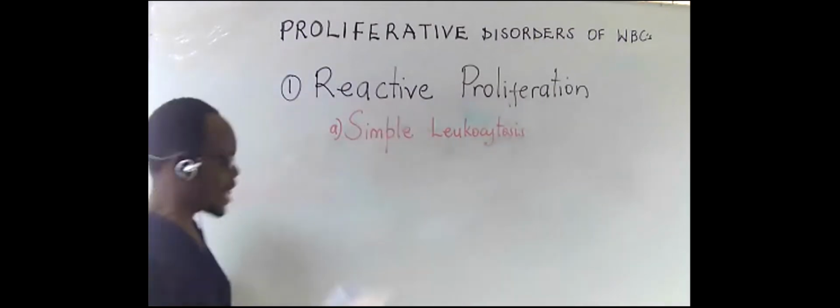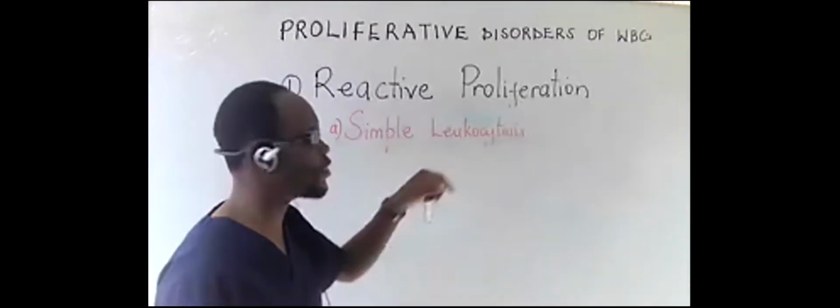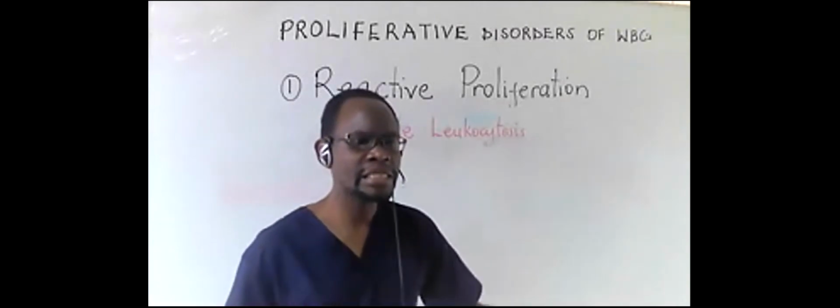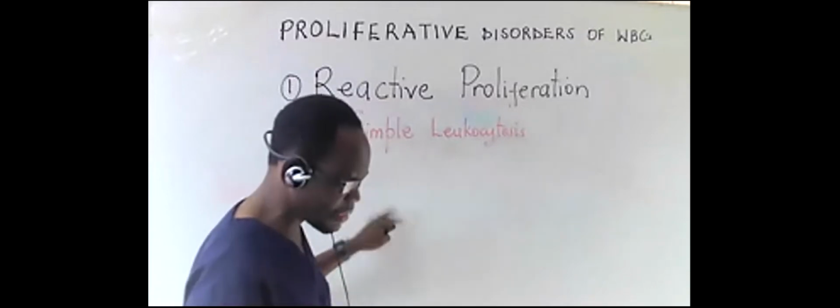And of course, leukocytes are white blood cells. So when we talk about a simple leukocytosis, leukocytosis basically means an increase in the white blood cells.